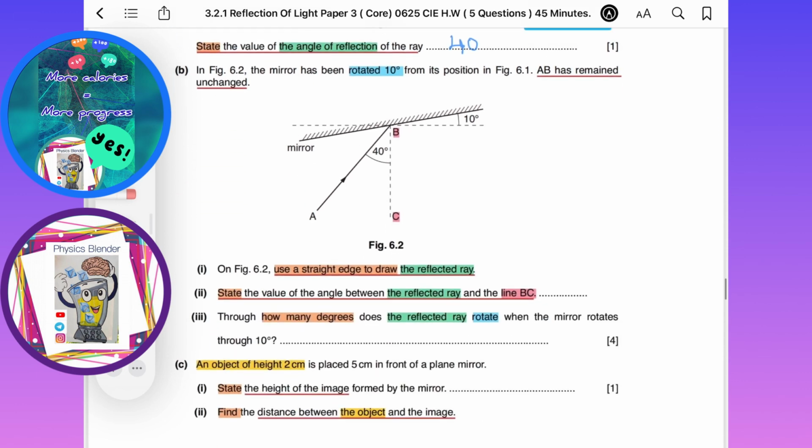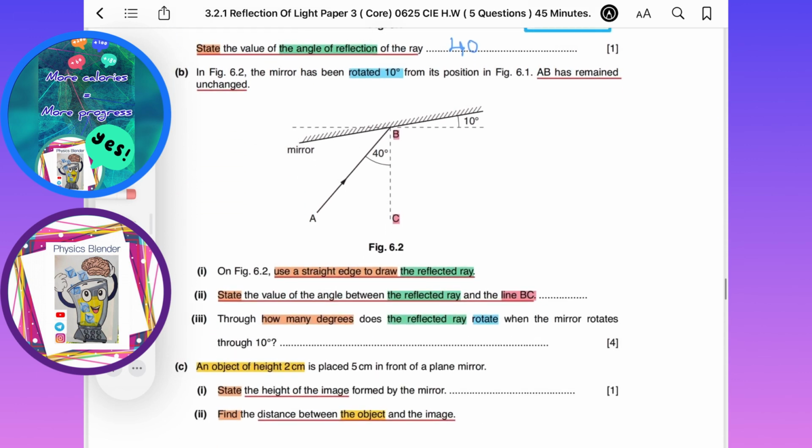So AB has remained unchanged. So the incident ray is unchanged. But if you look at the position of the mirror, it's rotated by angle 10.